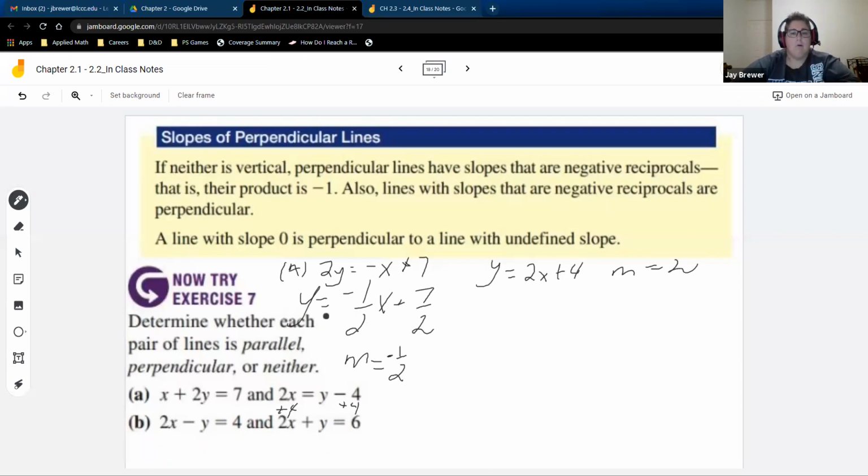So the slope of the first line was negative 1/2, and the slope of the second line is technically 2/1, and it's positive. So A is in fact perpendicular. You can also use the symbol, which is an upside down T.